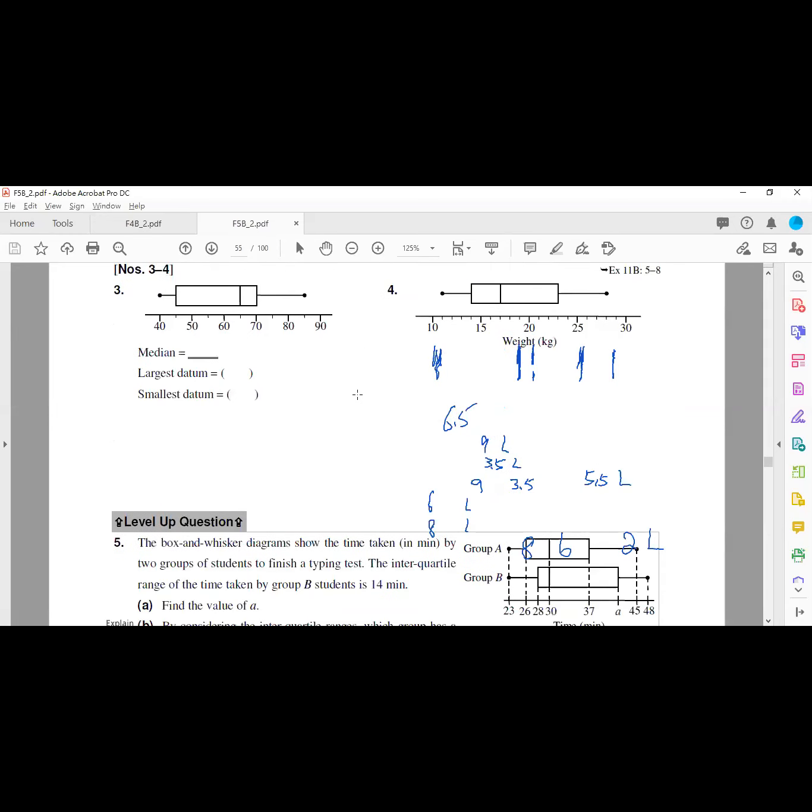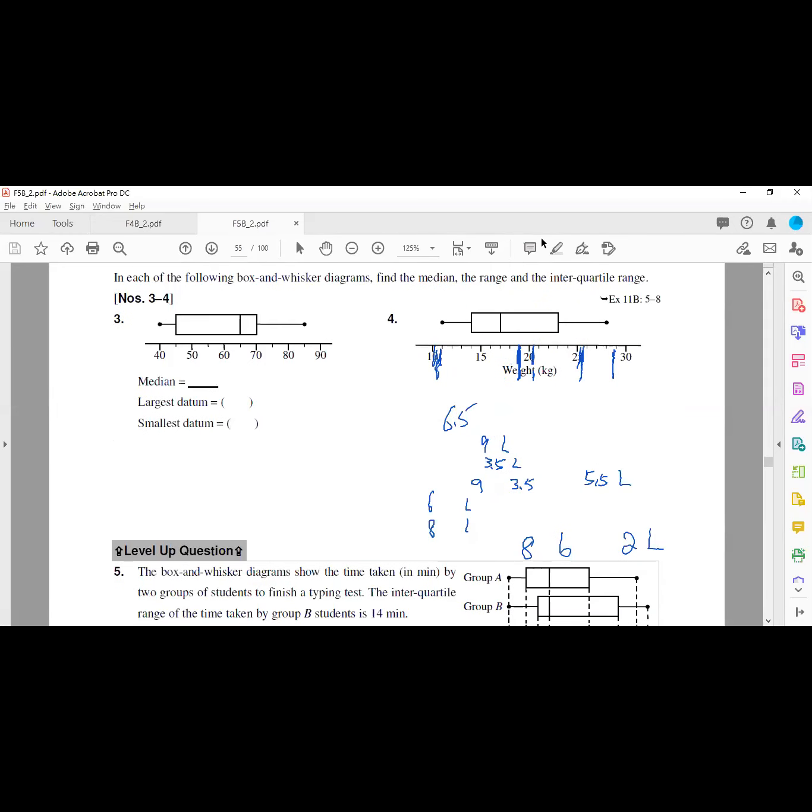And then number 3. Median is 65, here. No units here. The largest datum is the rightmost point, at the end of the right tail, which is 85. So the largest datum is 85.